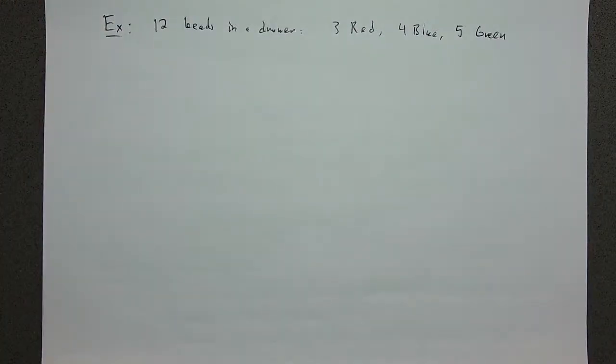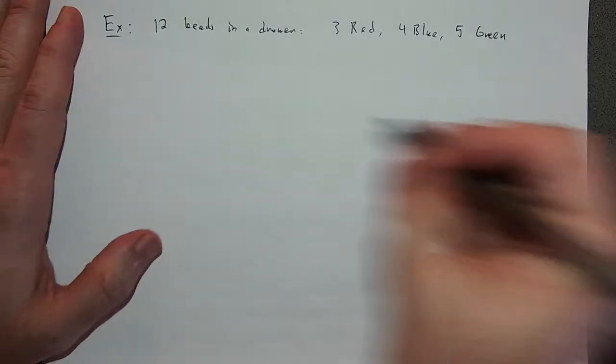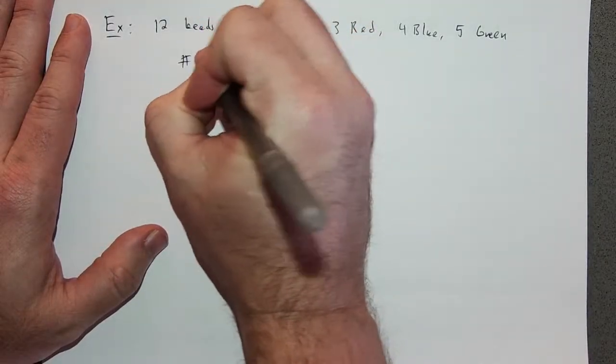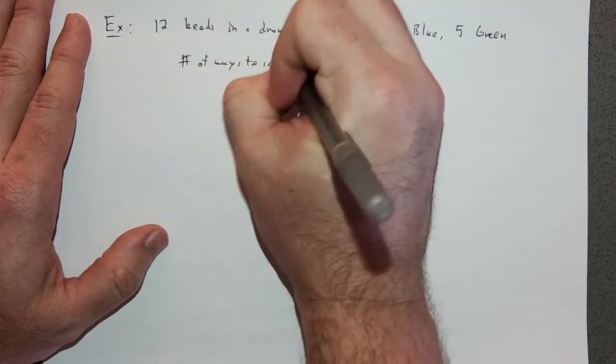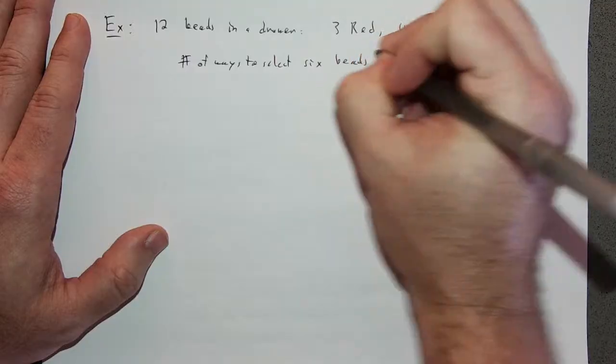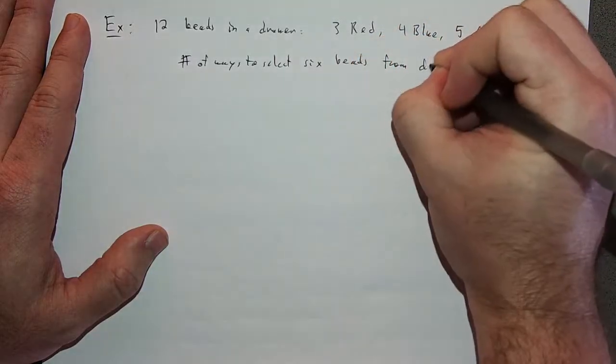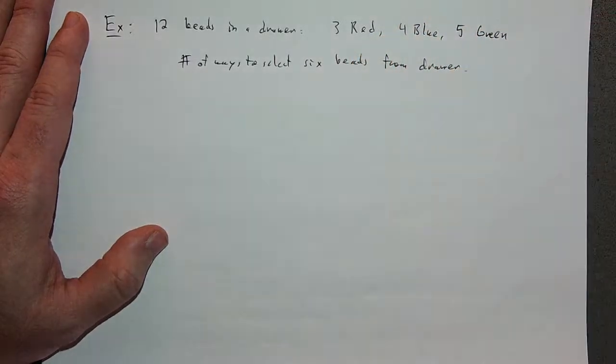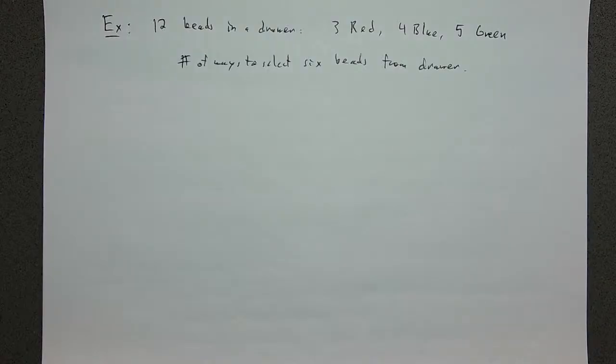Okay, 3 red, 4 blue, 5 green. Now, I want to know the number of ways to select 6 beads from this drawer, if beads of the same color are indistinguishable and the order of selection is irrelevant.